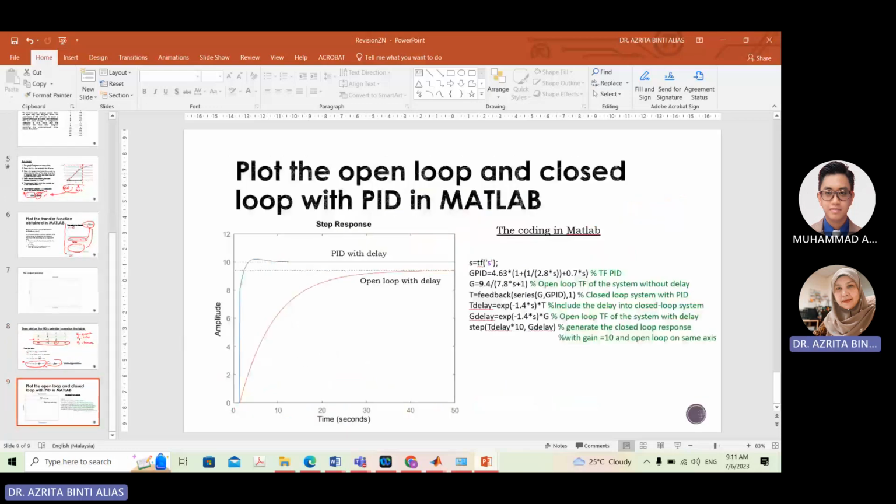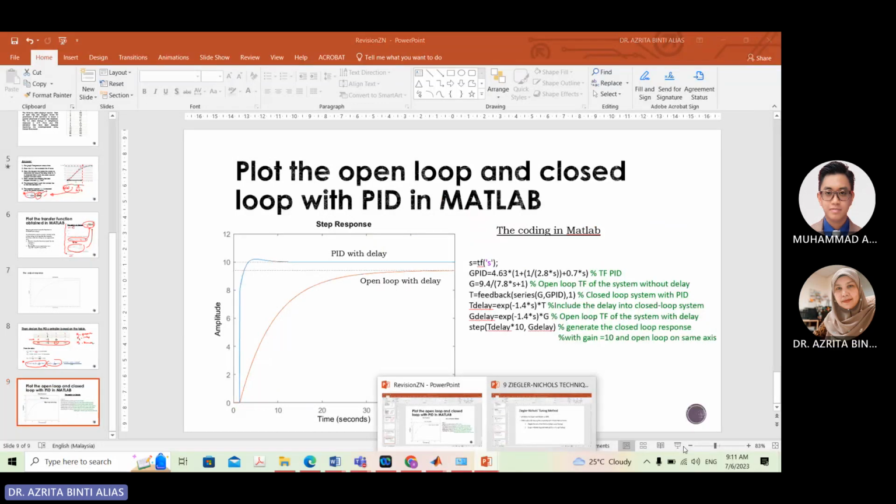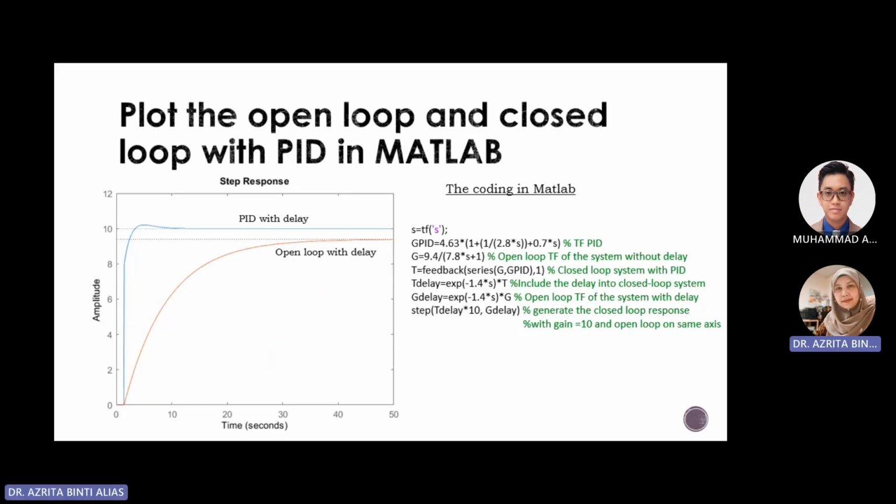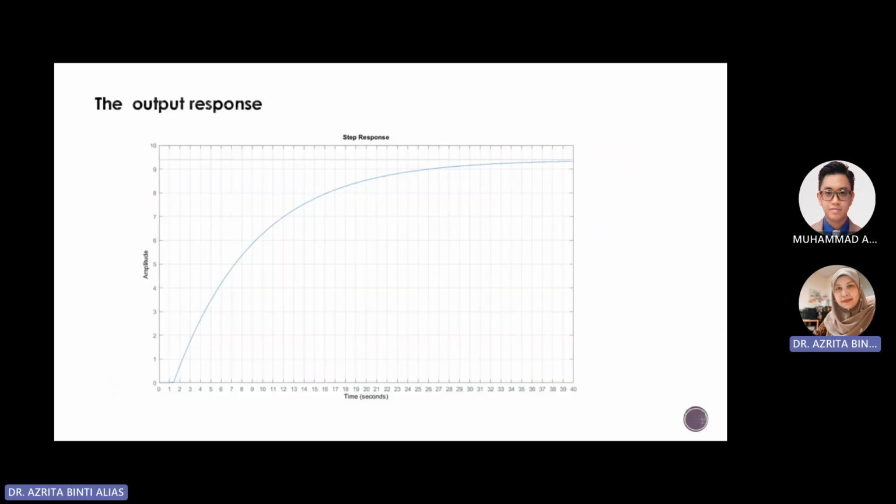Okay, after that, we can plot the open loop and also the closed loop system with the PID in MATLAB. So this is the coding, and I will explain it. The same coding. First, we need to declare the S. S is equal to TF in the bracket S. And then here, I declare the transfer function of the GPID that we obtained previously.